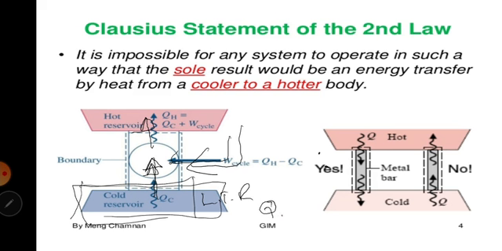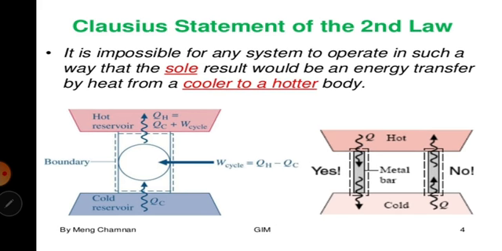Q1 is the amount of heat taken from the LTR. Here we provide energy through electricity, and Q2 amount of heat is rejected. So work is equal to Q1 minus Q2. It is impossible for any system to operate in such a way that the sole result would be an energy transfer by heat from a cooler body to a hotter body. Example is the refrigerator.